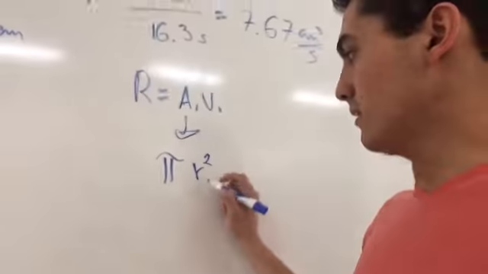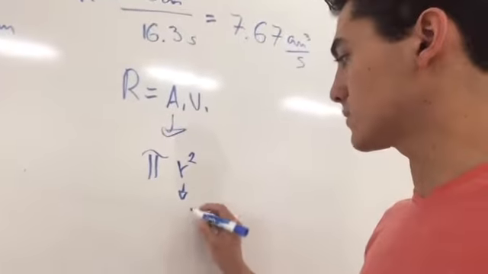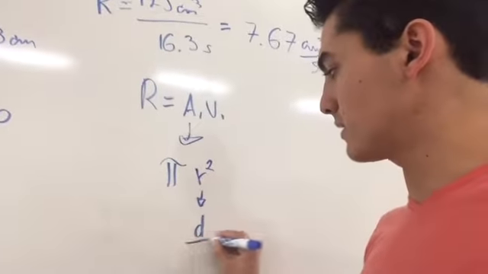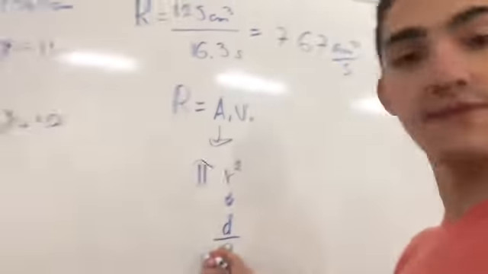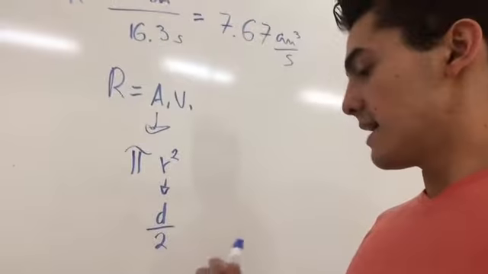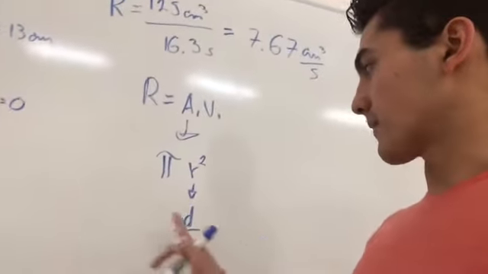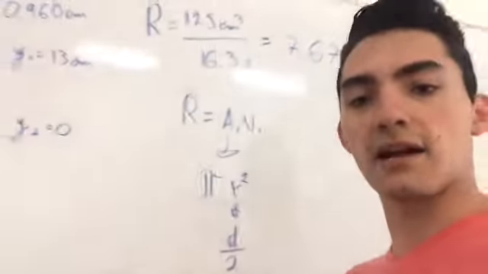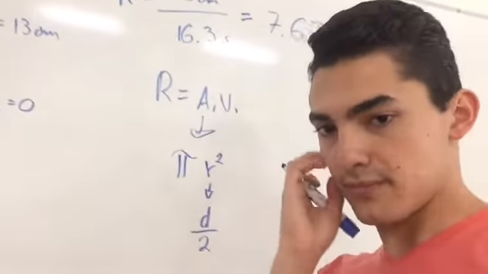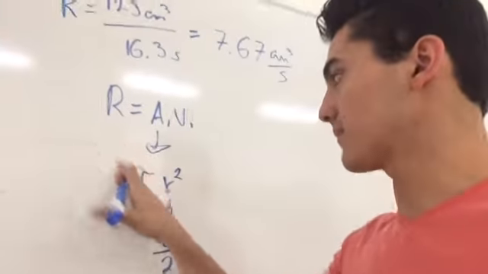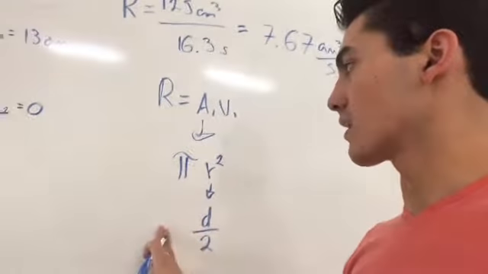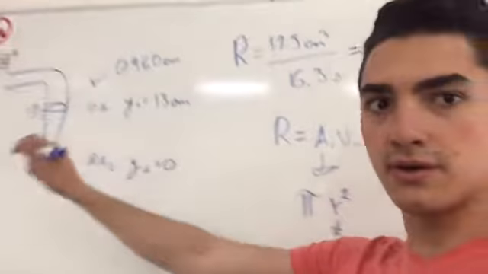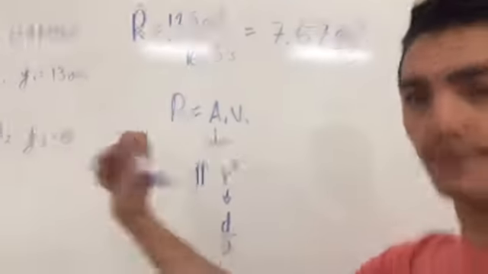And the radius is half of the diameter, okay? Then, as we see this, we can calculate the area of the circle.